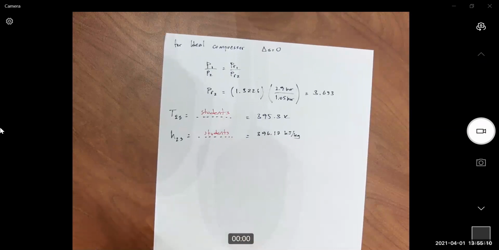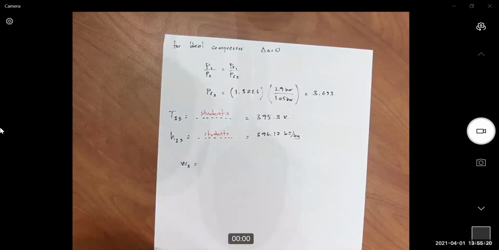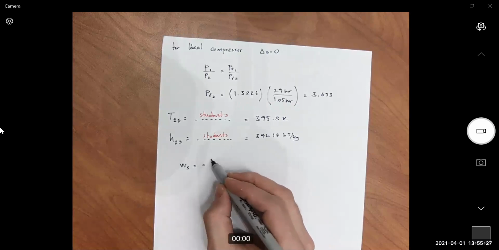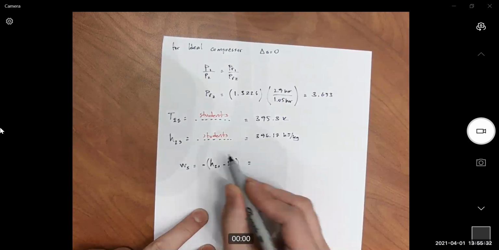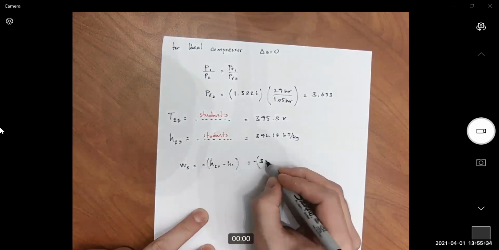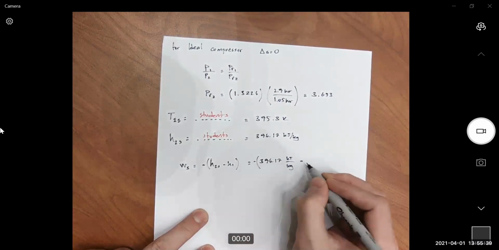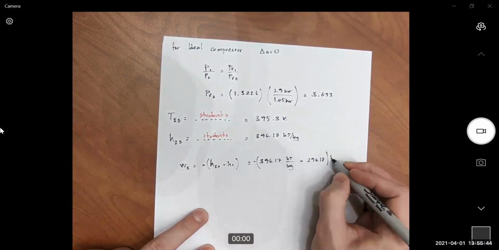Okay. For the ideal compressor, that's what I went over in session 8. Okay. Ideal work, right? Kinetic energy and potential energy are negligible. For an adiabatic ideal compressor, work equals minus delta H, that is H2S minus H1. H2S is 396.17 kilojoules per kilogram, and H1 is 296.17 kilojoules per kilogram.